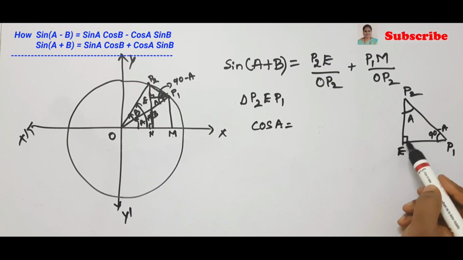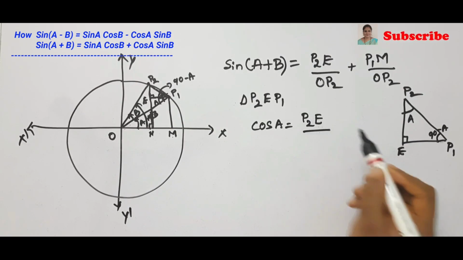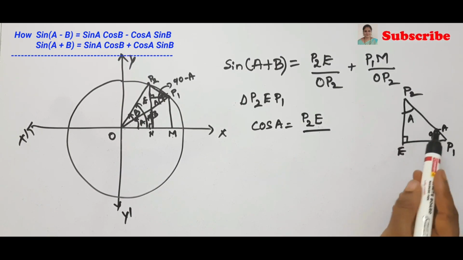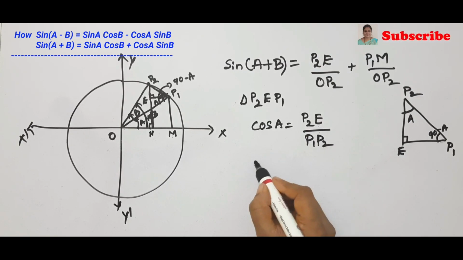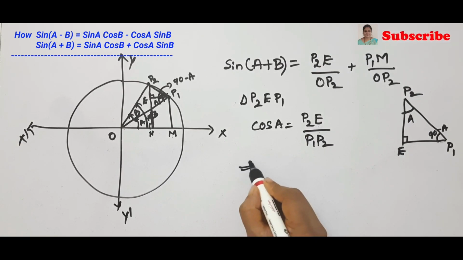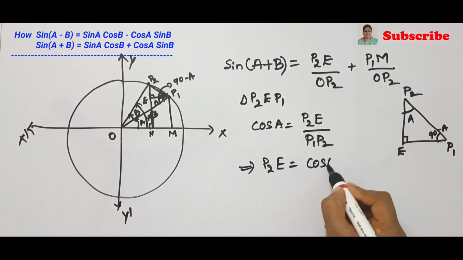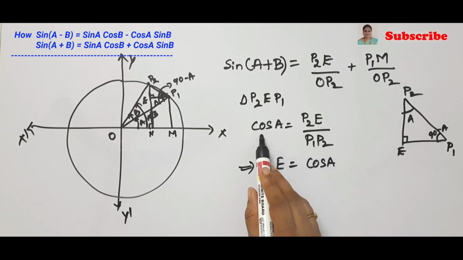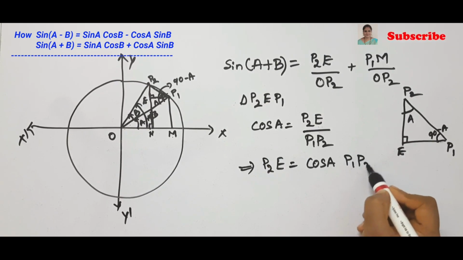Because 90 degrees is here. So P2E by hypotenuse, which is nothing but P1 P2, is it not? So this is P1 P2. So we got P2E is equal to cos A into, just bring this P1 P2 to LHS, cos A into P1 P2.